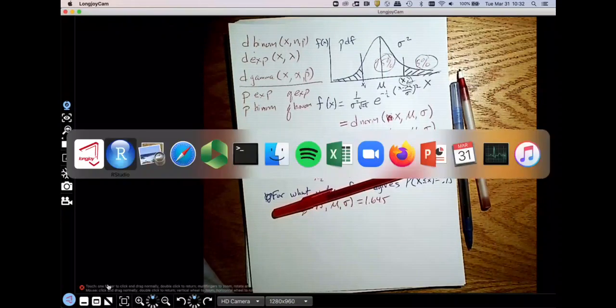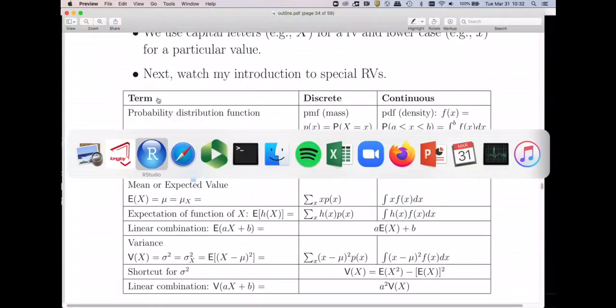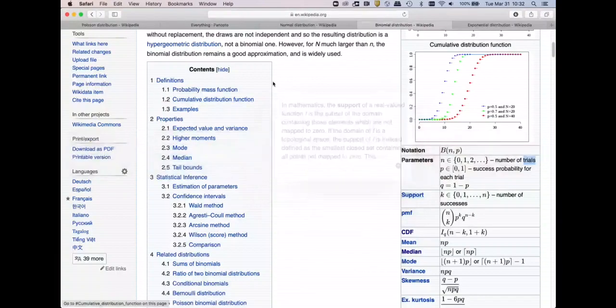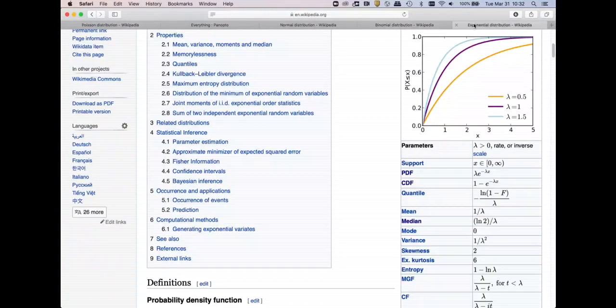All right. If we go back to Wikipedia, what you'll see is that sometimes there are simple closed form expressions for these. In the case of the exponential distribution, we have a simple closed form expression for the PDF, CDF, and the quantile function. They don't always exist.